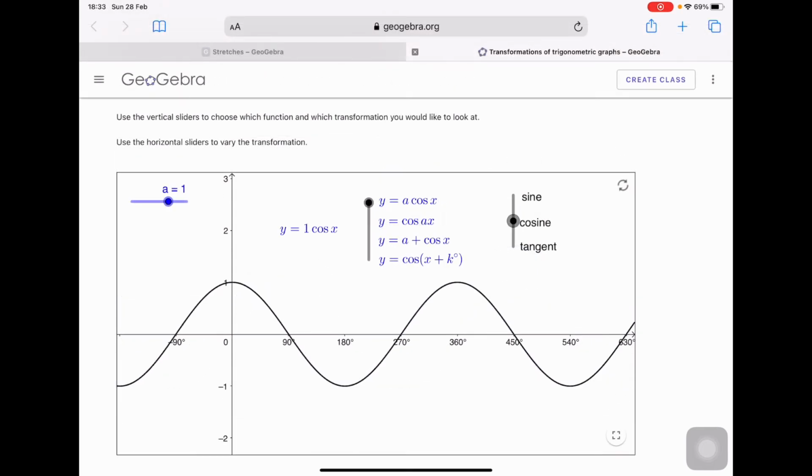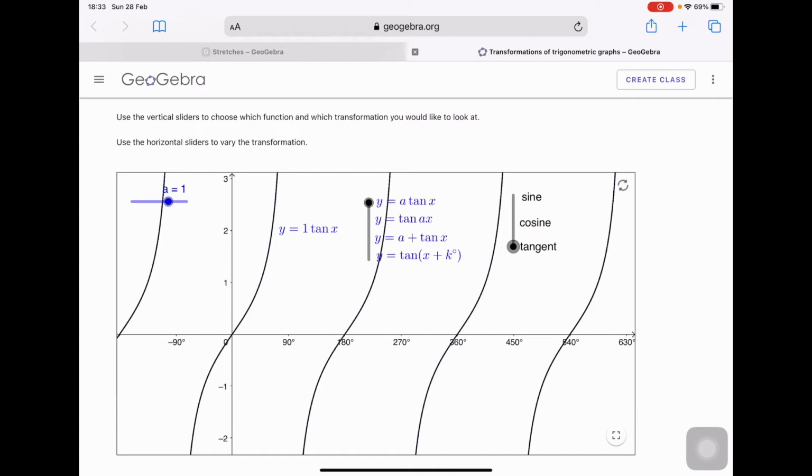Now let's have a look at the cosine graph. It starts at 0, 1. The next time it hits 1 is at 361. So it also has a period of 360 degrees. Every 360 degrees, you can see it repeating itself.